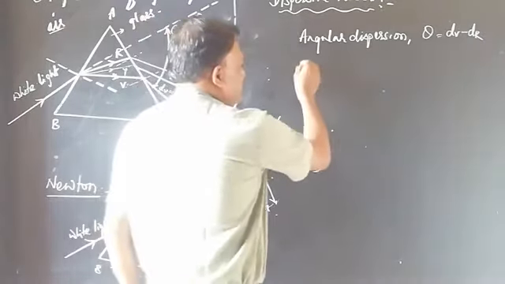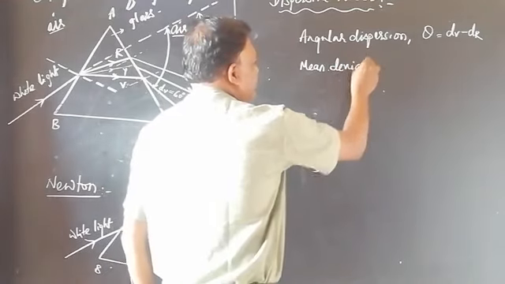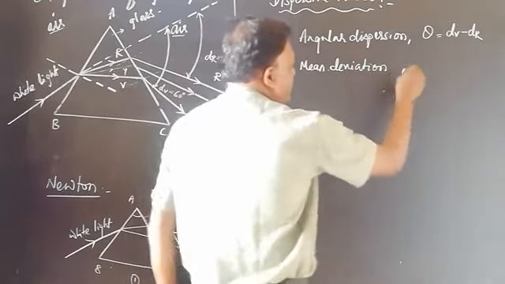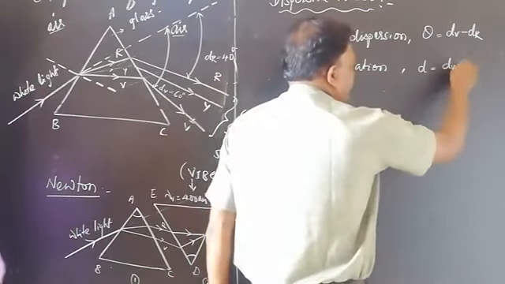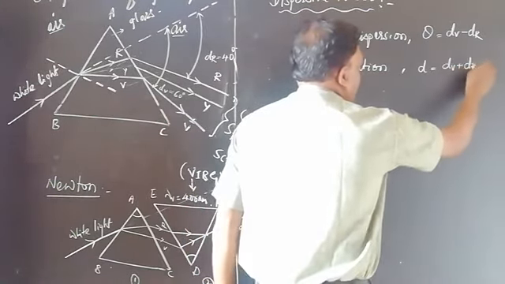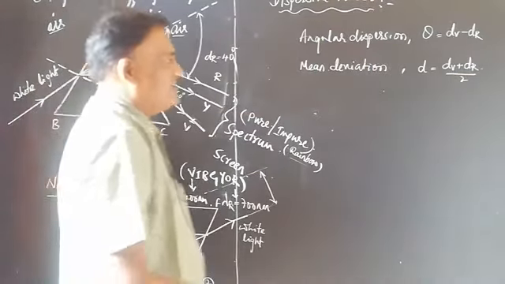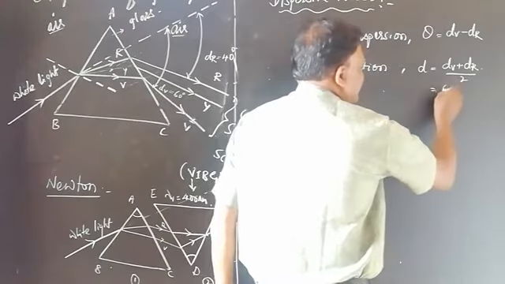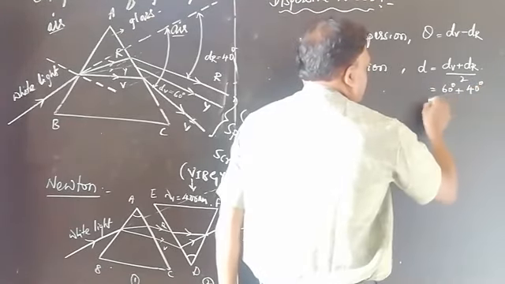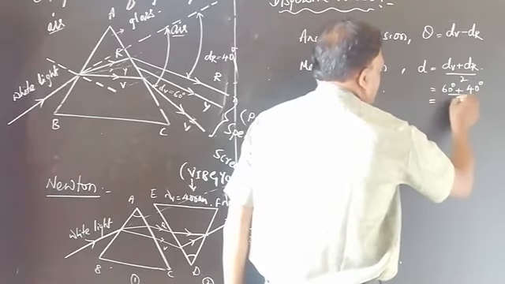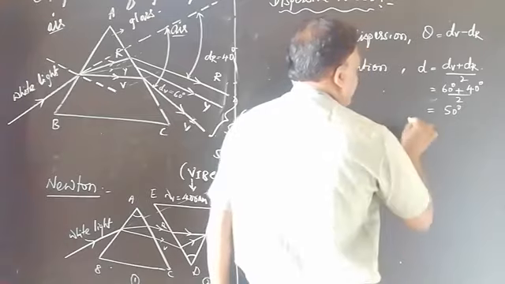The other term is mean deviation. Mean deviation is denoted by D. It is the average deviation produced for both violet and red. In this particular case, dV is 60 degrees and dr is 40 degrees, divided by 2, which amounts to 50 degrees.